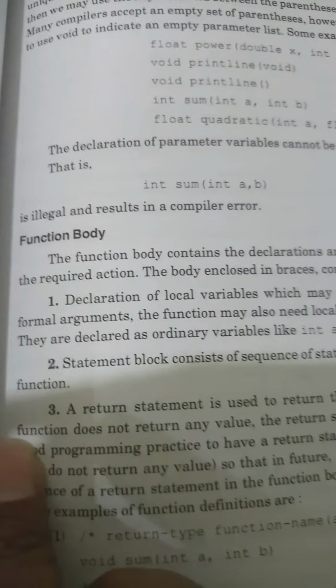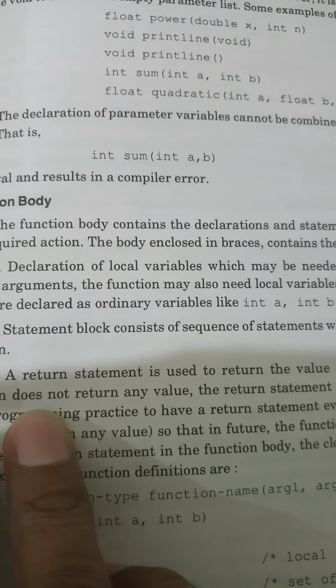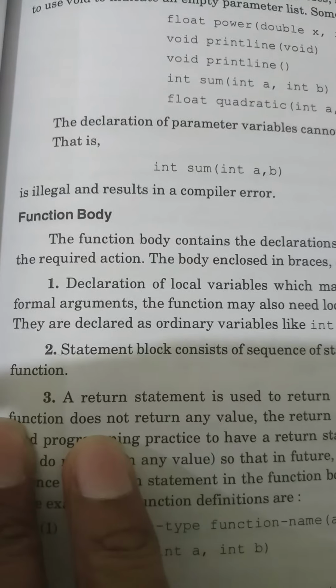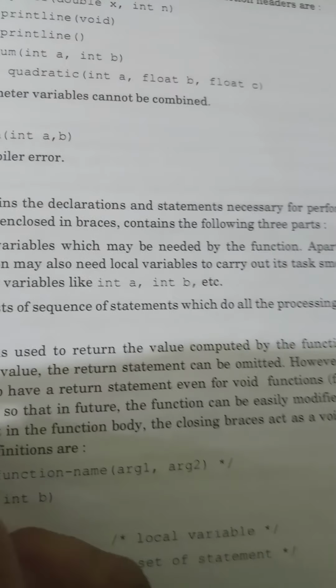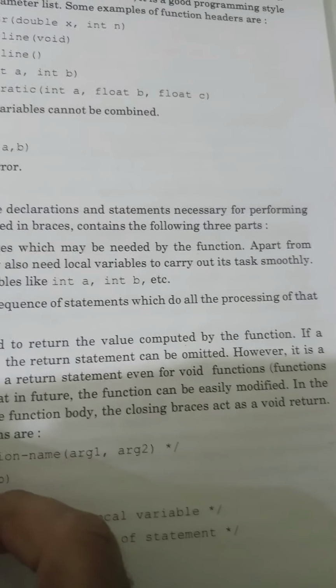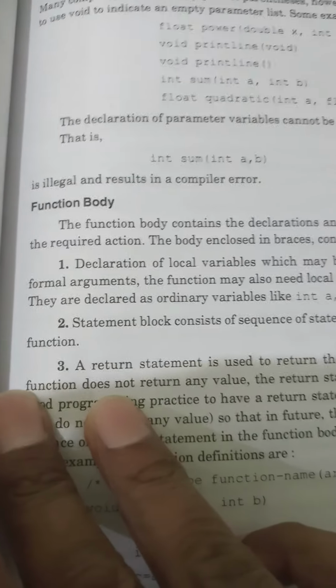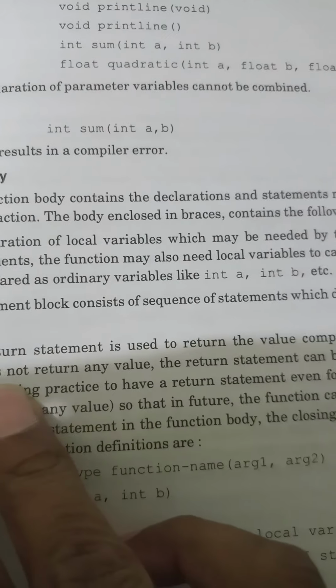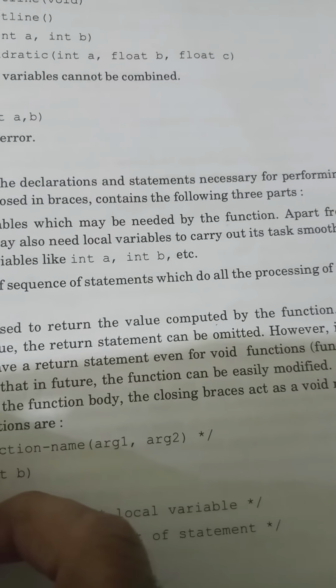Function body. The function body contains the declaration and statements necessary for performing the required action. The body, enclosed in braces, contains the following three parts.